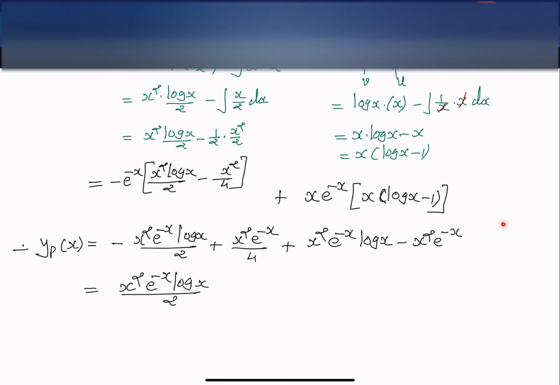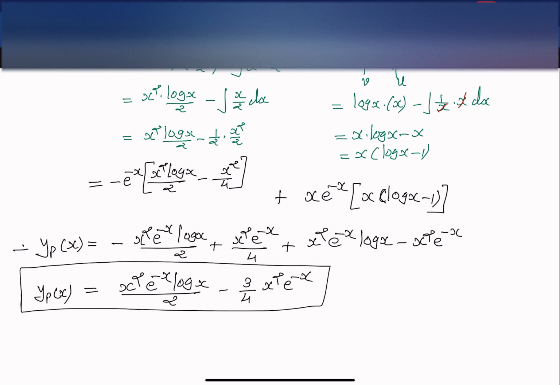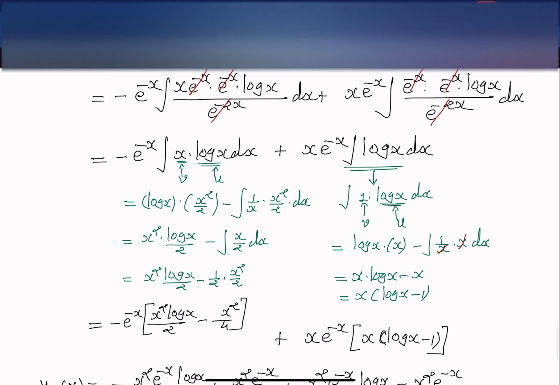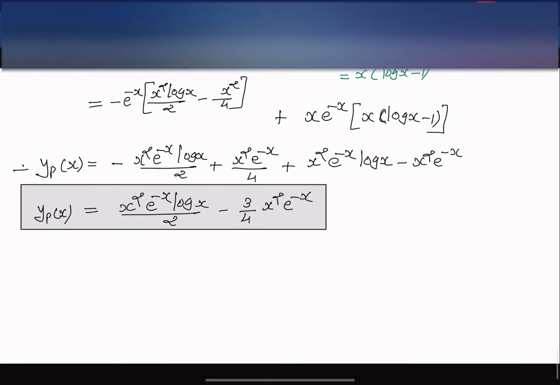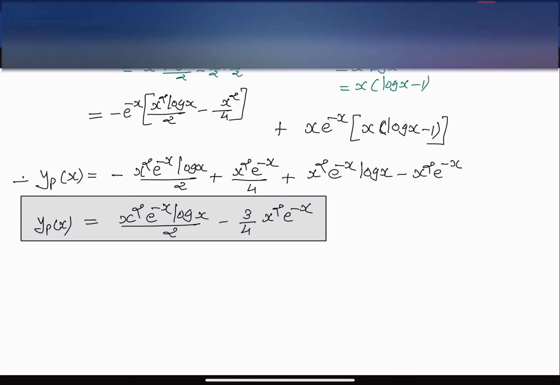So it is actually 1 upon 4 minus 1, which is minus 3 upon 4, so minus 3 upon 4 x square e raised to minus x. This is our yp(x). So sometimes it takes time to integrate the quantity, right? And how do we end the exercise?